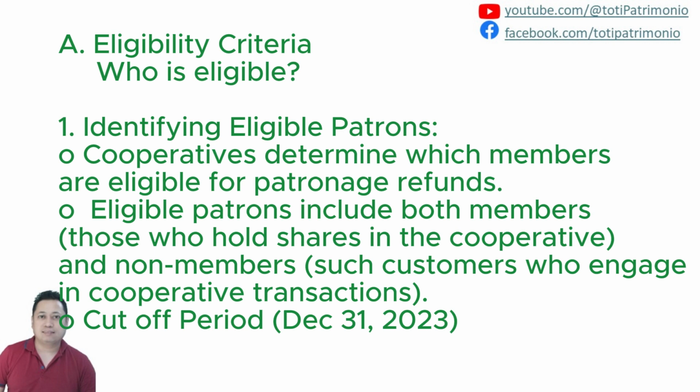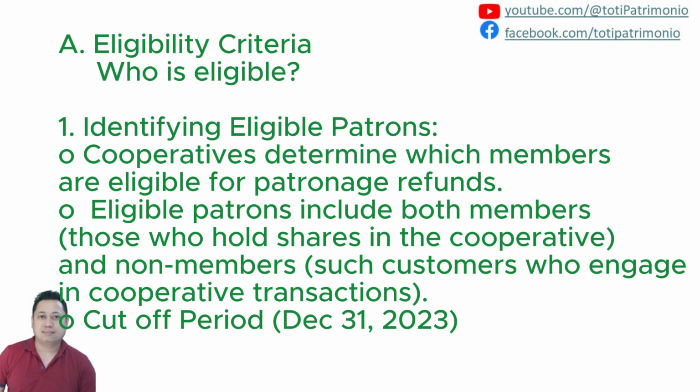For example, if a member applies or becomes a full-fledged member in or after the cut-off period, in our case, December 31, 2023, for example, and then the member became full-fledged only in January 2024, is he or she qualified? That will be clarified by the cooperative based on their bylaws or the policies set forth by the cooperative. So that's it for the eligibility criteria.